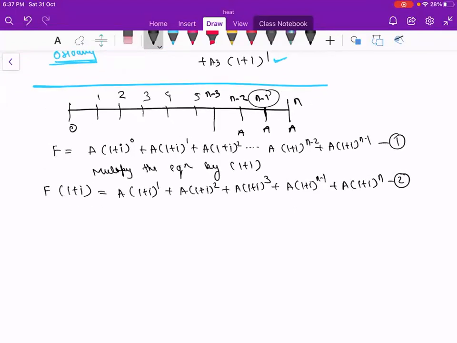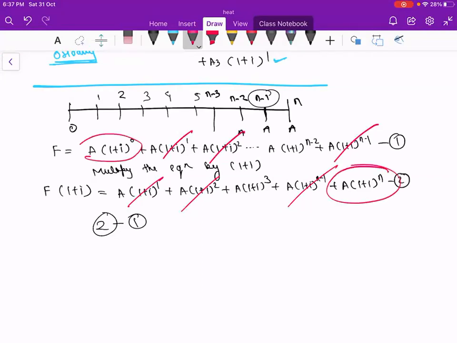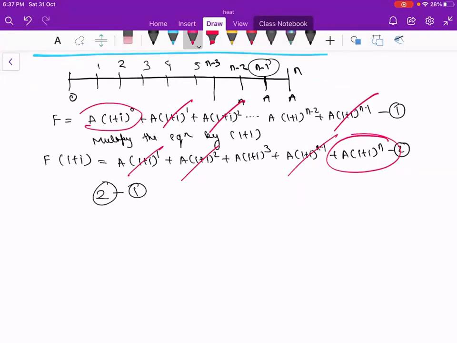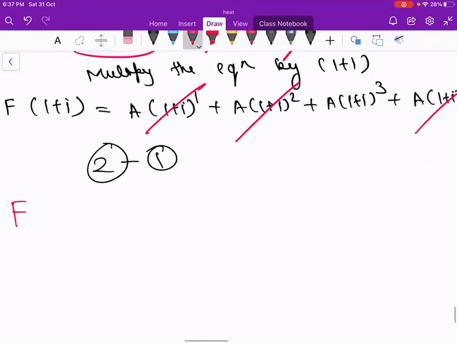What you do, subtract 2 minus 1. Once you do that, all these terms will be cancelled out. Only this term and this term will be there. So by solving this, you will get F(1 plus i) minus F equals A(1 plus i)^n minus A(1 plus i).